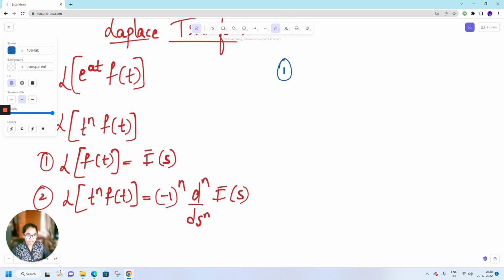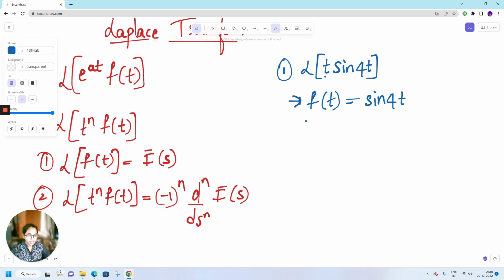First one: find the Laplace of t sine 4t. The first step is to write down what is f of t. We have t power n into f of t, so we have here t into f of t. f of t is sine 4t.